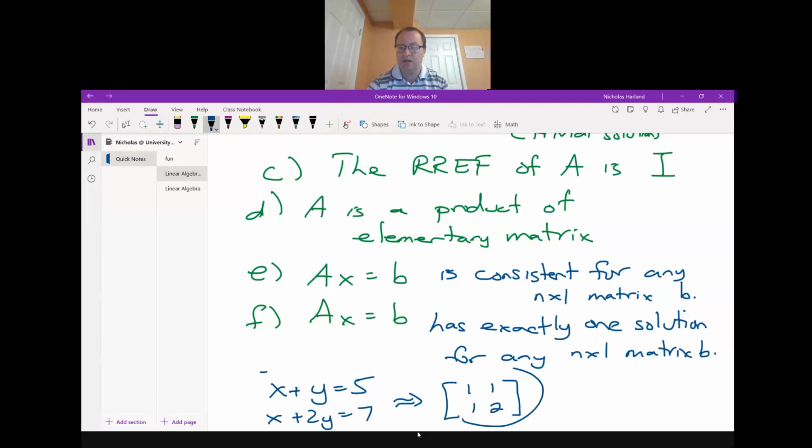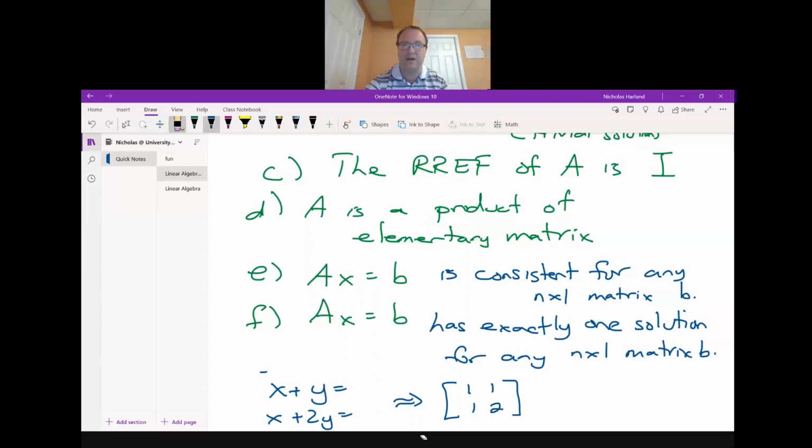And the fact that this matrix has an inverse, and we know that because 1 times 2 minus 1 times 1 is non-zero, we had a rule for 2 by 2 matrices, tells us that this system has a solution and has exactly one solution.